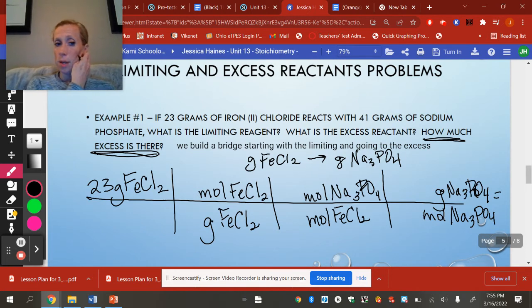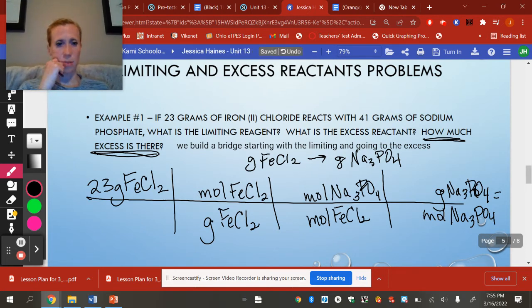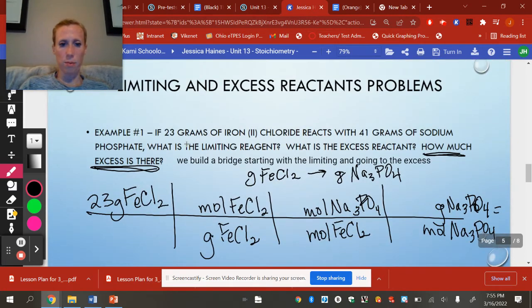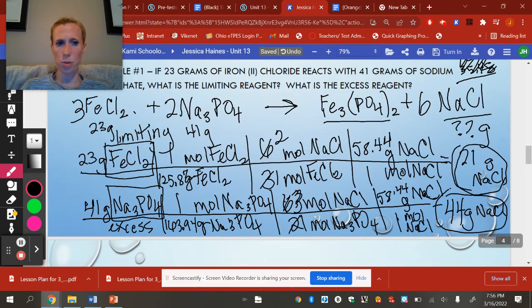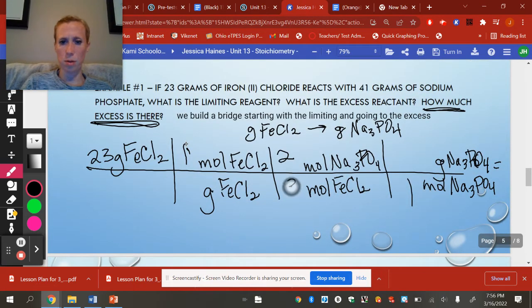Okay. So the nice thing about this second bridge, if they ask this, is that you've already calculated all the molar masses. Obviously, we didn't calculate them. We just asked our phone. But so we have 1 and 1, 1 here, 1 here. I'm going to go to my balanced equation. Na3PO4 is a 2, and the FeCl2 is a 3. So I go to 2 there and a 3 there.